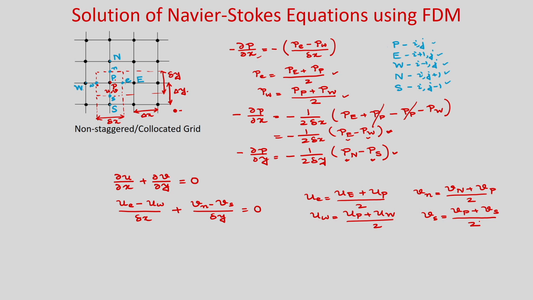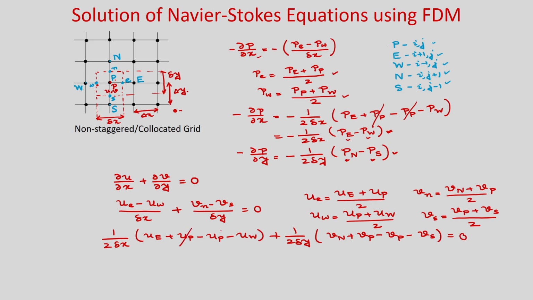Now if you substitute these in the continuity equation, you will see that the velocities at point P do not appear. So, you substitute here. This will be 1 by 2 delta x (u E plus u P minus u P minus u W) plus 1 by 2 delta y (v N plus v P minus v P minus v S) equal to 0.